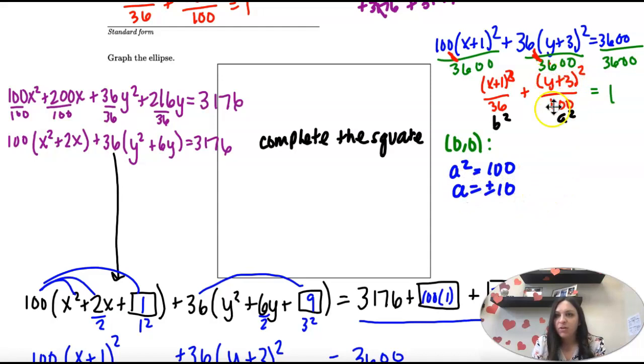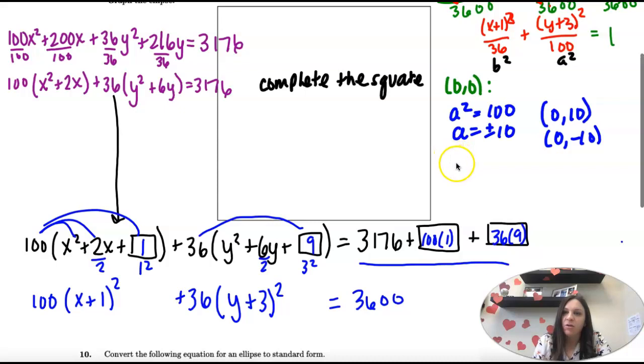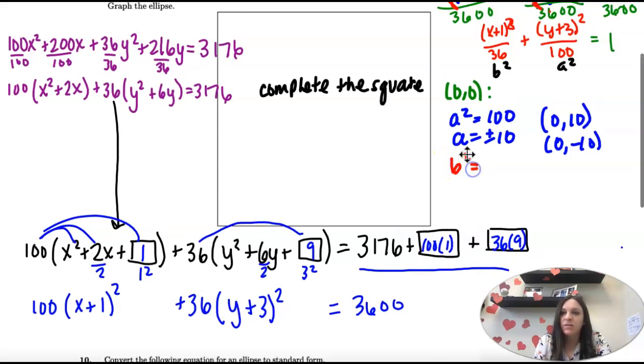And because they're under y, that means that we would be on the y axis. And then our co-vertices would be our b values. And those would be on the x axis. And then we will shift.